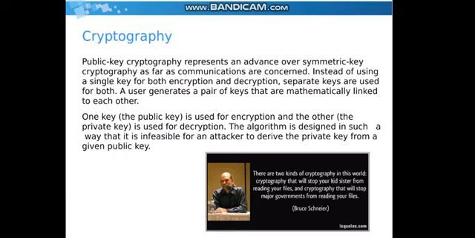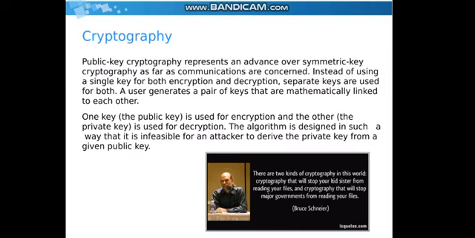Cryptography. Public key cryptography represents an advance over symmetric key cryptography as far as communication is concerned. Instead of using a single key for both encryption and decryption, separate keys are used for each. A user generates a pair of keys that are mathematically linked to each other.